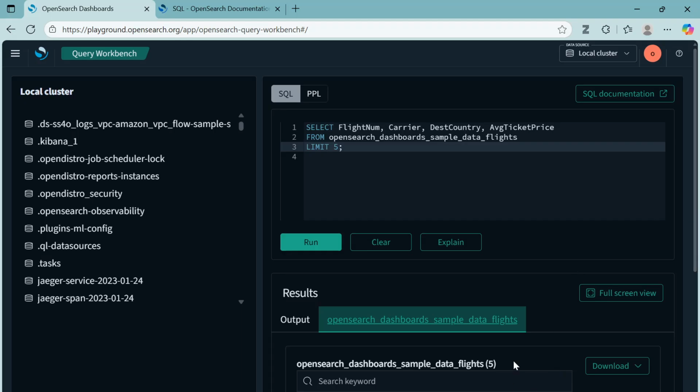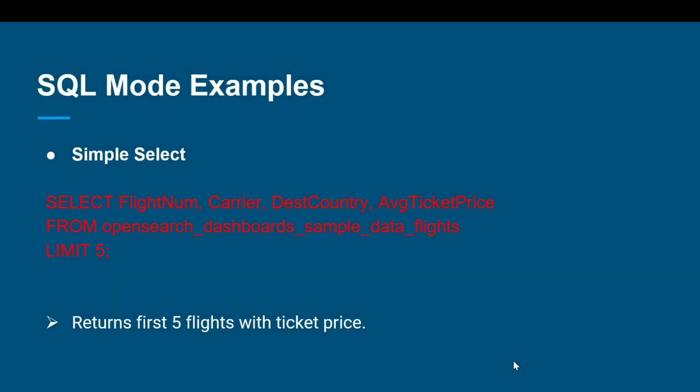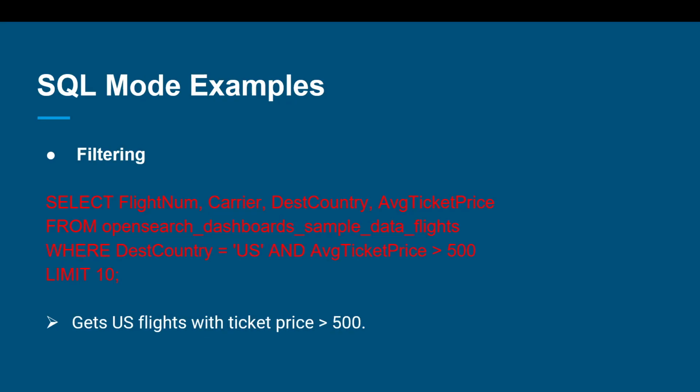Next we will run the filtering example. Here we are using the same sample index and selecting specific fields, and now we are putting a filter condition wherein destination country is US and average ticket price should be greater than 500. So it will return US flights whose ticket price is greater than 500.